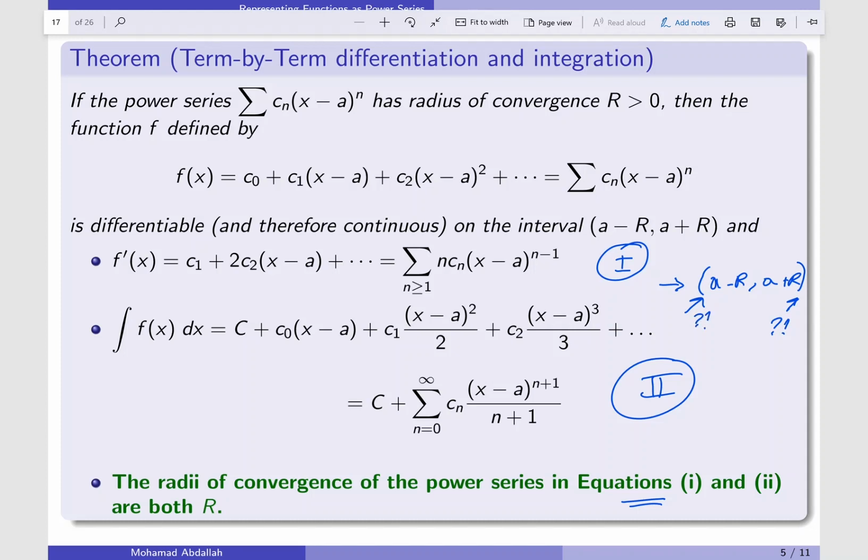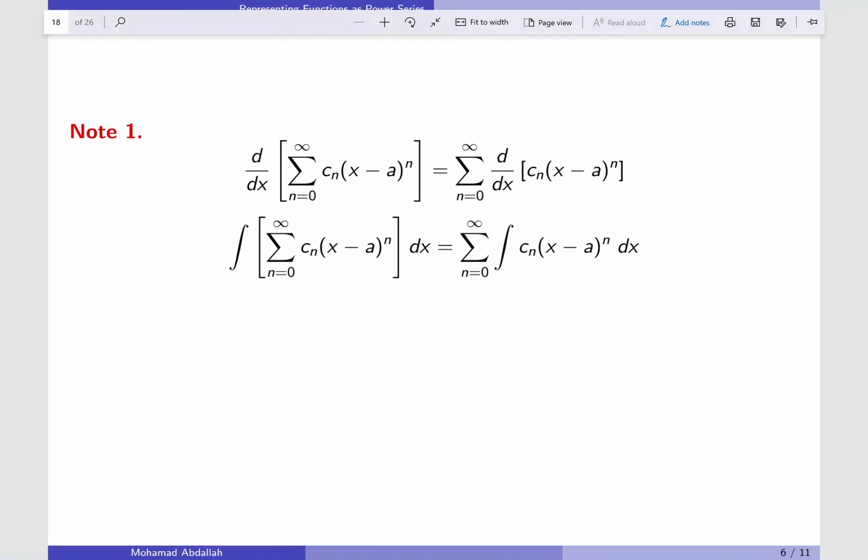I can include them. This depends. I have to check this separately. The same thing is true here. So I guarantee it's going to be between a minus r and a plus r. Now, what happens at a minus r and a plus r, the endpoints, that's something that we have to verify later. I'll show you how we can do this in some examples now.